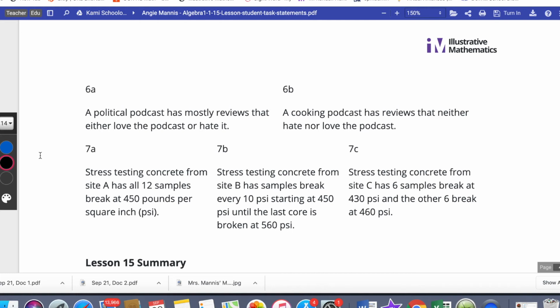So probably for 6B, the data is going to be more in the center because they're saying they neither love nor hate it, so they're in between. For 6A, they either love or hate it, so there's no in between, so the data is going to be more on the outside.